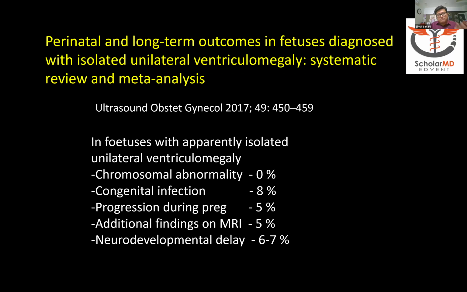So this actually tells us that yes, it is not too worrisome, but we need a lot of work on it. Today, we consider unilateral and bilateral, our approach is the same. Whether it's unilateral or bilateral, we go ahead and follow the same protocols as we do with bilateral ventriculomegaly.